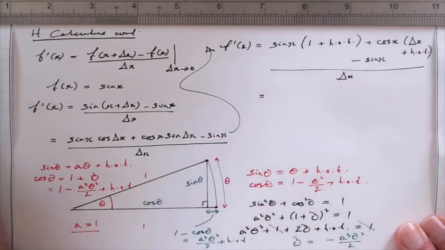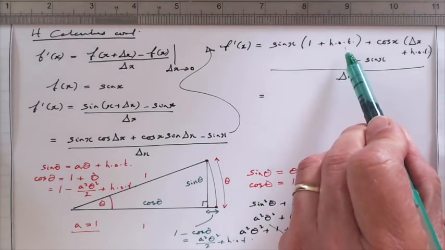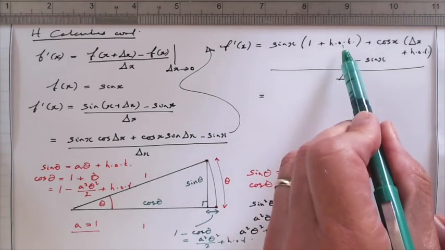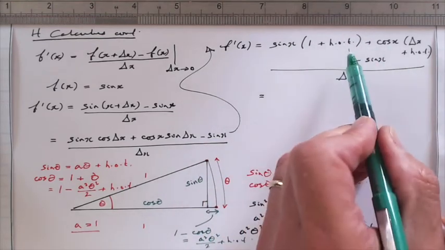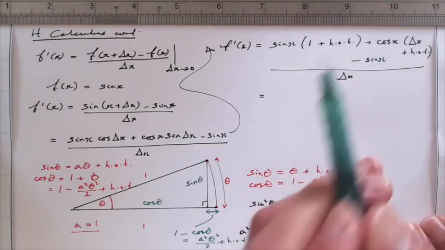So let me just see what I've got here. So just to remind you, higher order terms means things which are delta x squared or delta x cubed or delta x to the fourth and so on, which are irrelevant, because when we divide those by delta x and take delta x to 0, they will vanish.